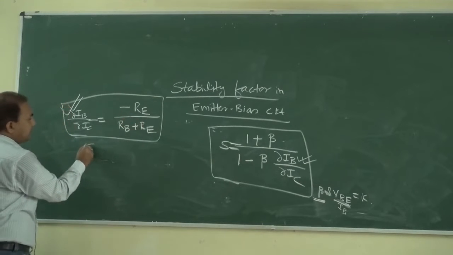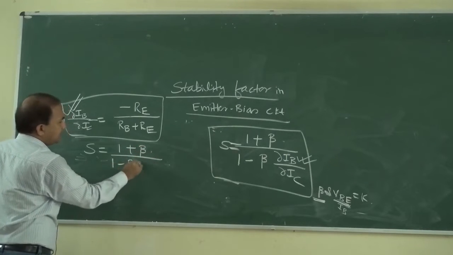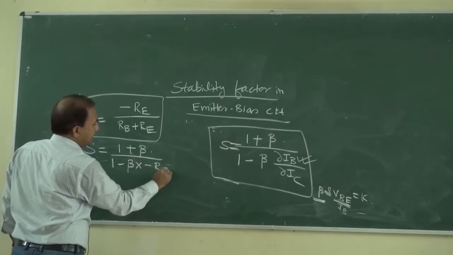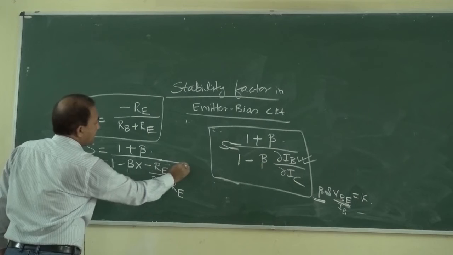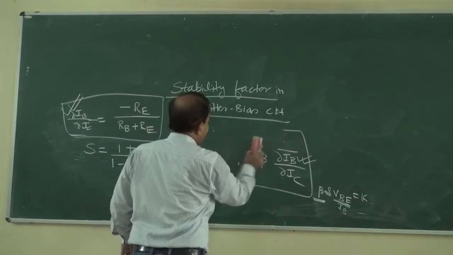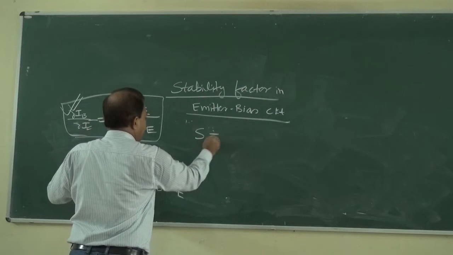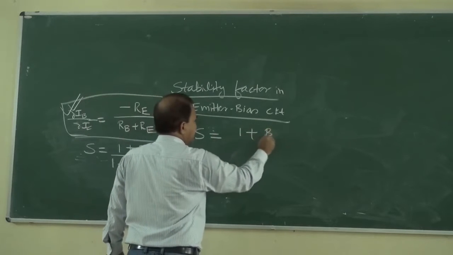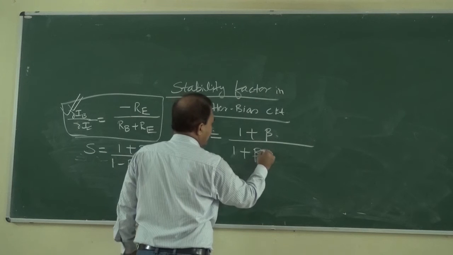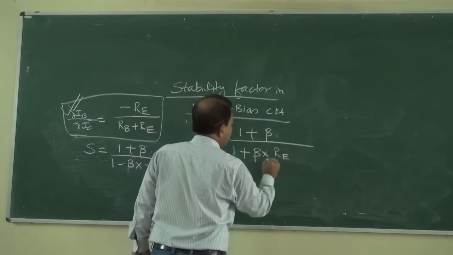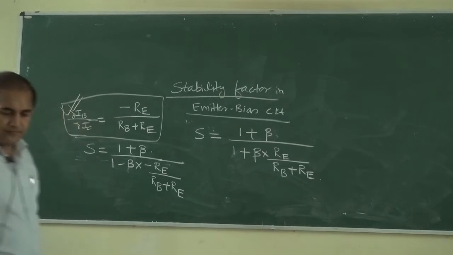So we substitute it, and we get the expression for stability factor as S equal to (1 plus beta) divided by (1 plus beta times RE divided by (RB plus RE)).